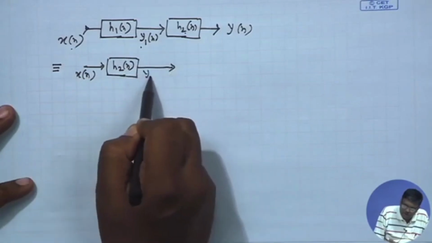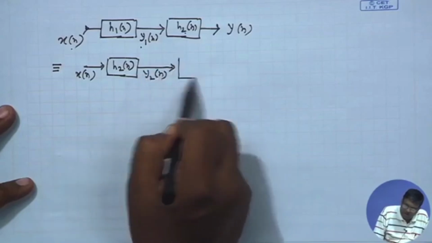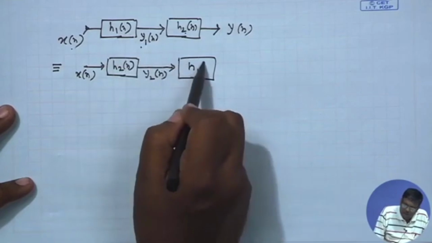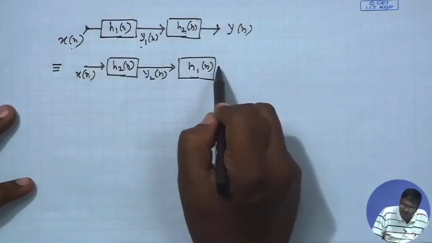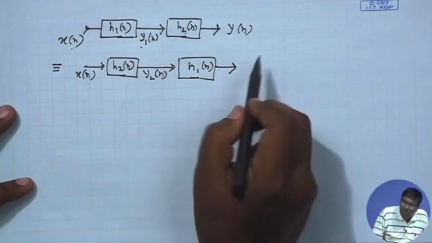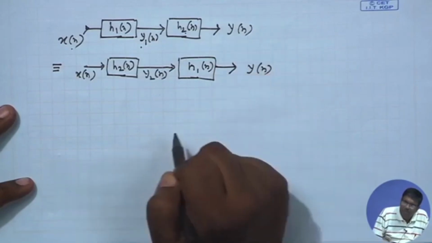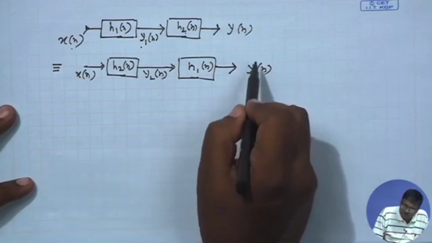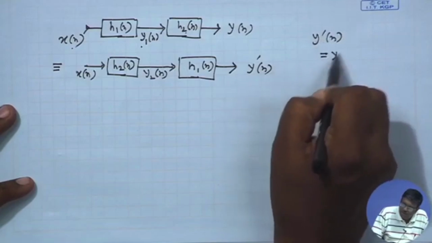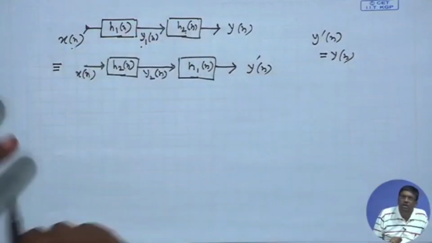This output will be different now, call it y 2 n, and then you have h 1 n here, I am interchanging, and still you will have y n. This is my claim. If you call it y prime n, we will show that y prime n is the same as y n. So, the two can be interchanged.